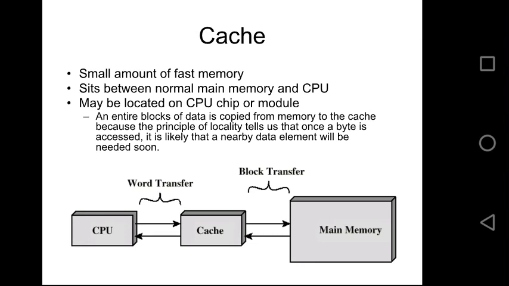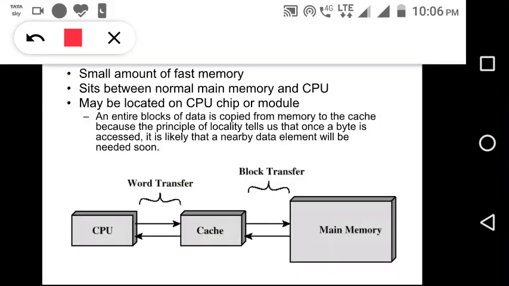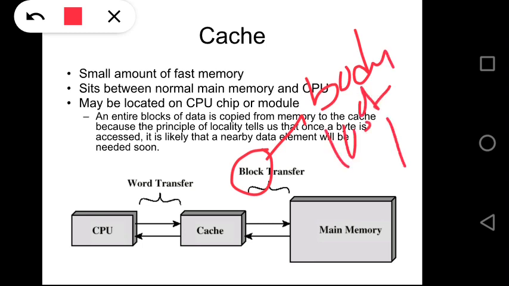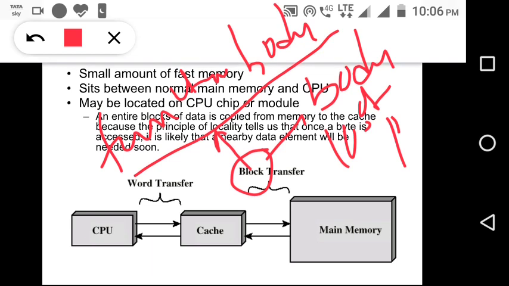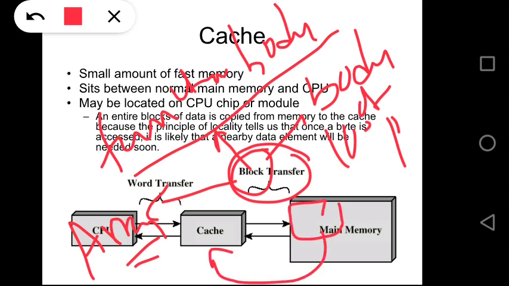So the block can be the body of a loop, or the body of a function, or an array. So you would transfer some block of memory to cache.